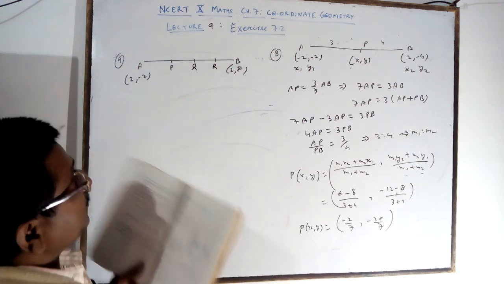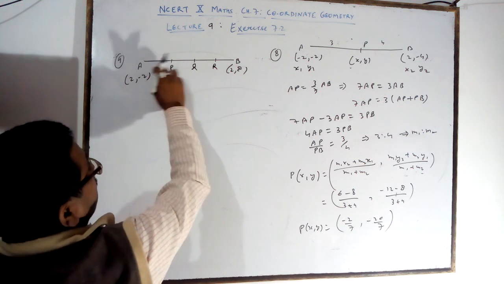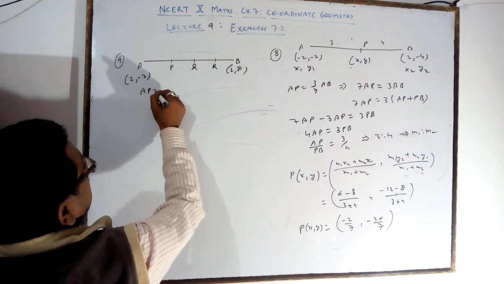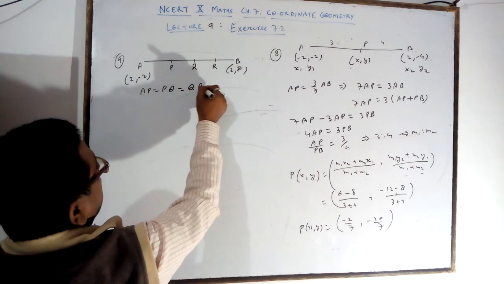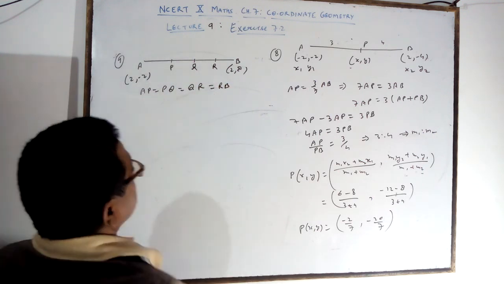There are 3 points and all the 4 parts are equal: AP equal to PQ equal to QR equal to RB.